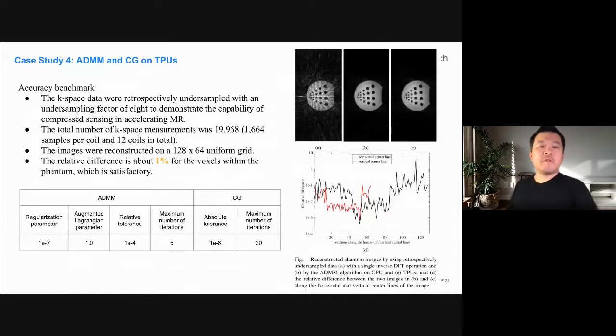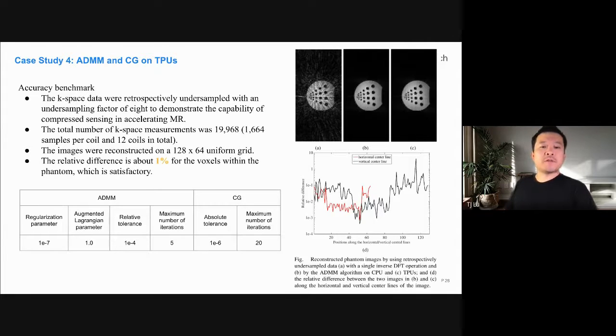Before diving into the performance benchmark, let's use one example to show how accurate the implementation on TPU is. We use the phantom as the example. The k-space data were retrospectively undersampled with an undersampling factor of 8 to demonstrate the capability of compressed sensing in accelerating MR. The total number of k-space measurements was 19,968.